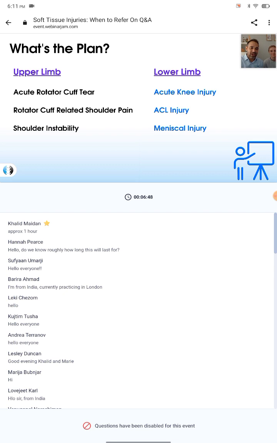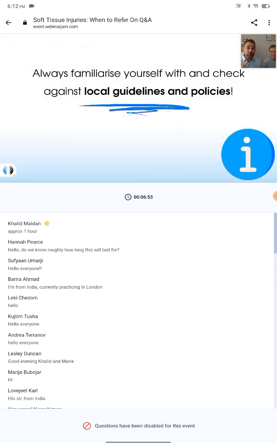All right, so let's get cracking. First thing that's really important for us to say is that whilst Marie and I will of course give you all the experience and information and clinical reasoning that we possibly can, it's super important to say that things might vary a little bit depending on which country you're practicing in, which hospital you're practicing in, whether you're practicing in the National Health Service for your country or whether you're operating in the private sector, whether you're in a hospital that has an A&E, doesn't have an A&E.